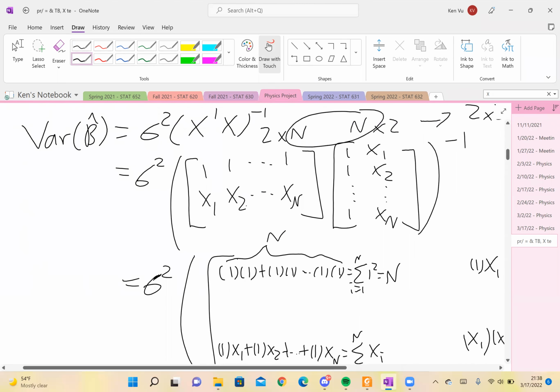Now that you've plugged in the definitions for X transpose and X, you want to evaluate this matrix multiplication.